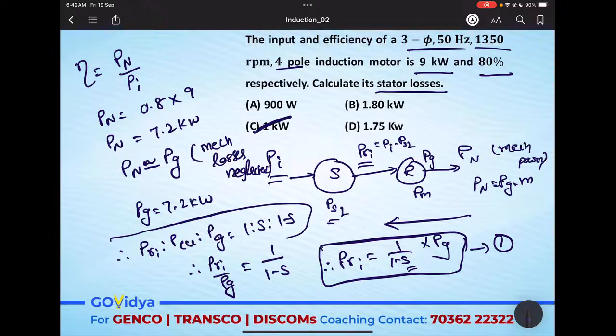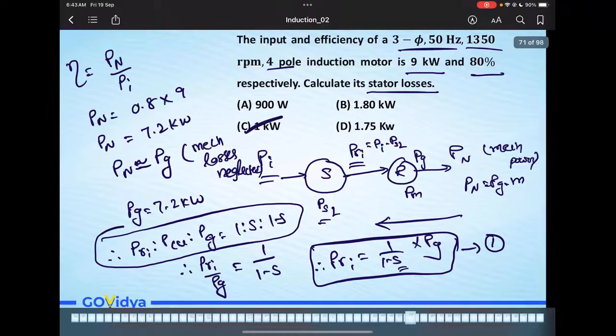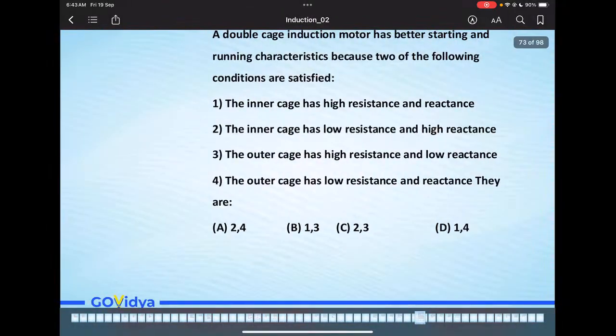I already told some relations we need to remember to solve the questions in a quick manner. So with this relation and some basic power flow information, you solve the question and you got the answer. Okay, let's move on to the next question.